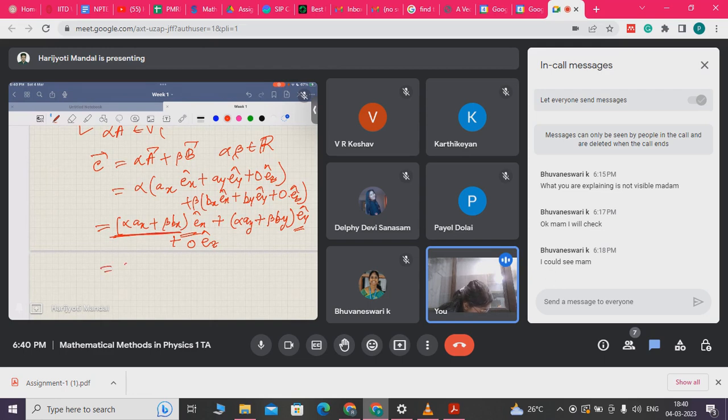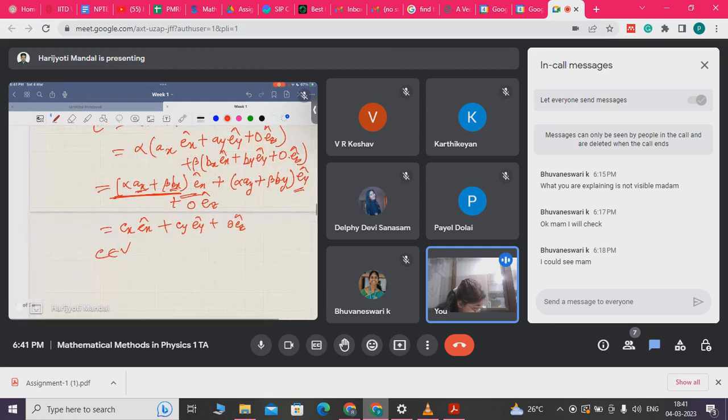So for C we get the same. We can name this coefficient as Cx, because Ax is a coefficient, Bx is also a coefficient, alpha and beta are real numbers. So it will be some coefficient. So it will be in the construction of Cx Ex, Cy Ey and 0 Ez. So C also belongs to vector space V.